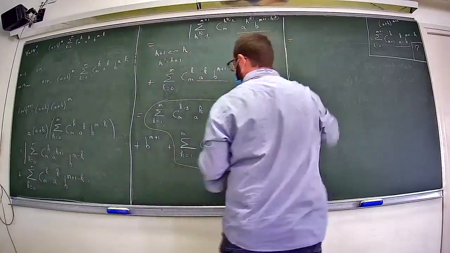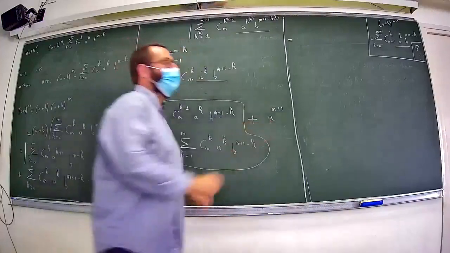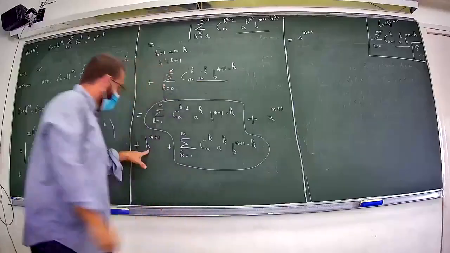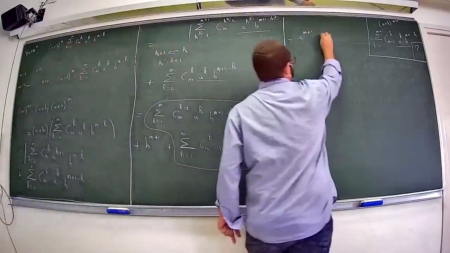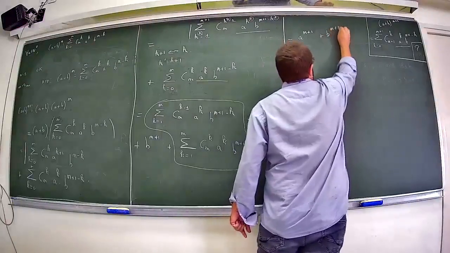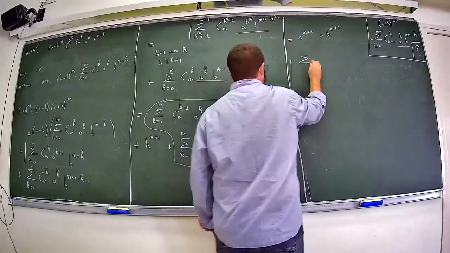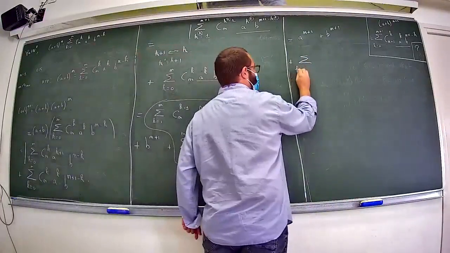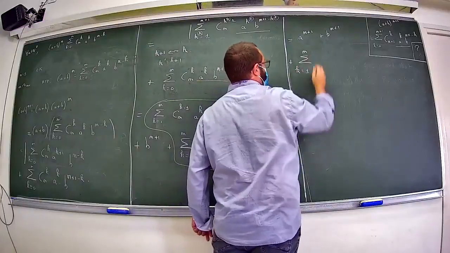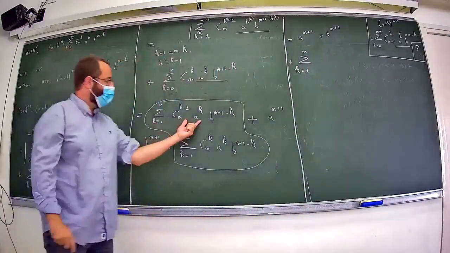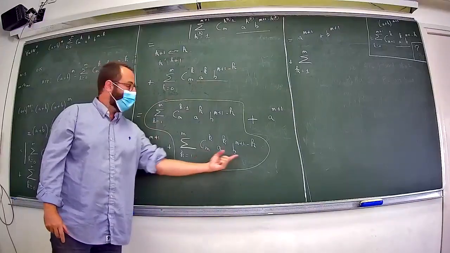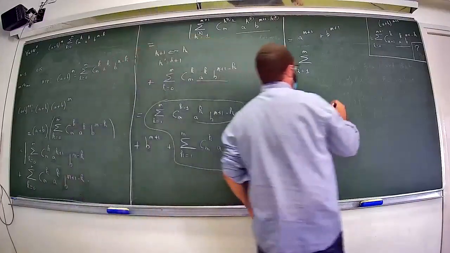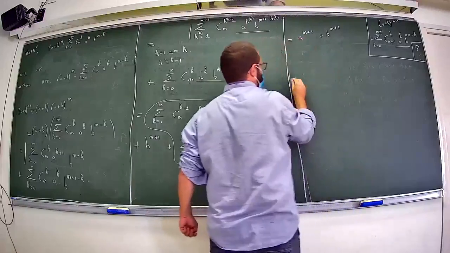I continue here. I have a to the power n plus 1, I have b to the power n plus 1, and now I also have a sum from k equal to 1 to n of what? I have to do this one plus this one. I can put this term into factor, and I obtain something like this, so we are going to write it below here.